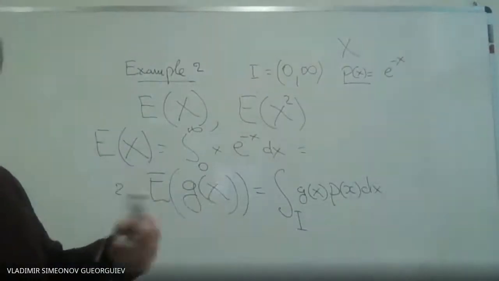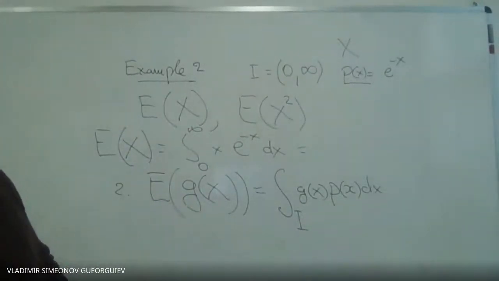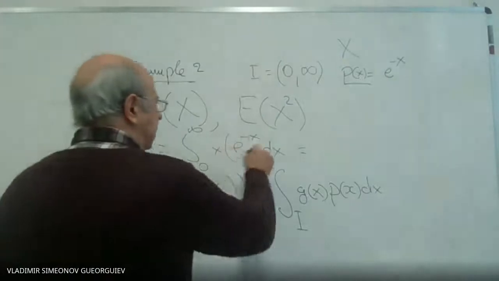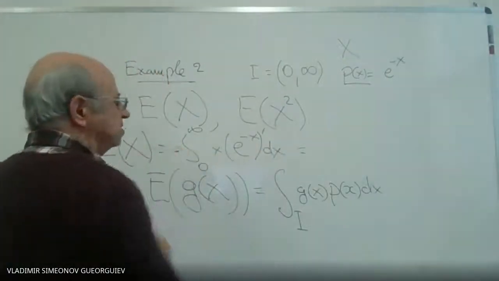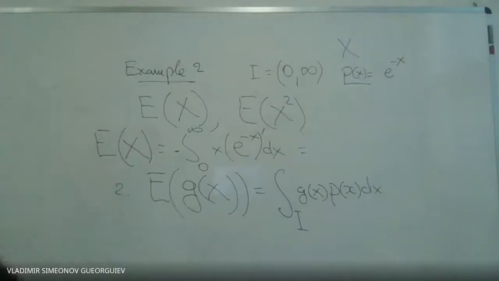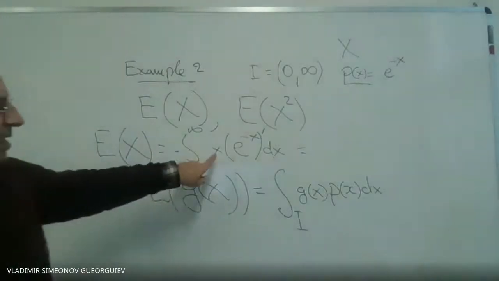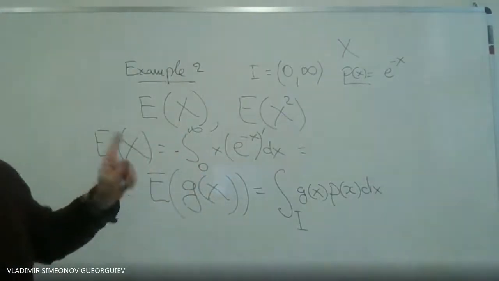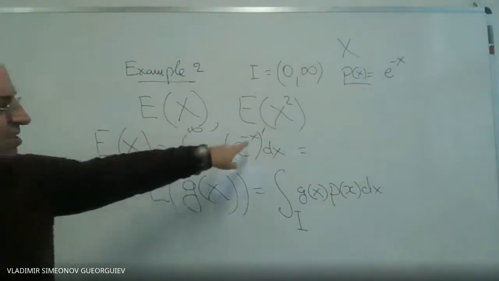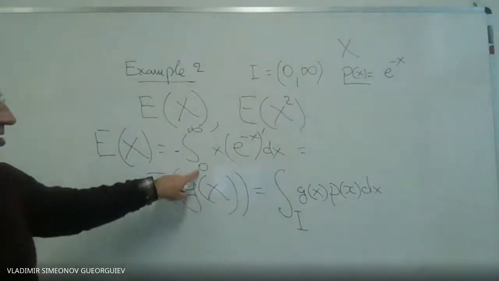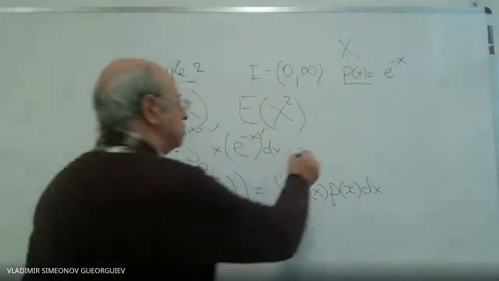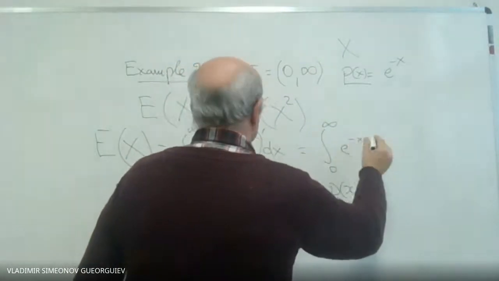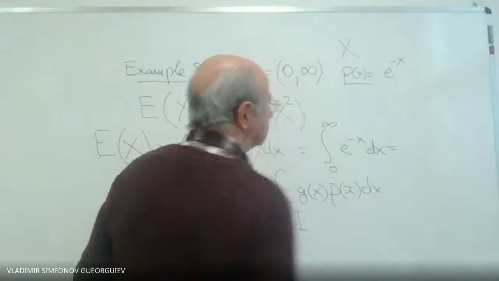I think we did one integration by parts, representing this factor as a derivative with a minus sign. For the first term, we take x e to the power minus x, evaluated from 0 to infinity. This is 0 in both cases: at infinity it is 0 due to e to the power minus x, and at 0 it is 0 due to the factor x. Therefore, this is equal to the integral from 0 to infinity of e to the power minus x dx. And this we already know.